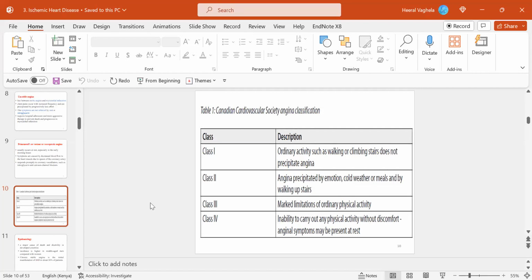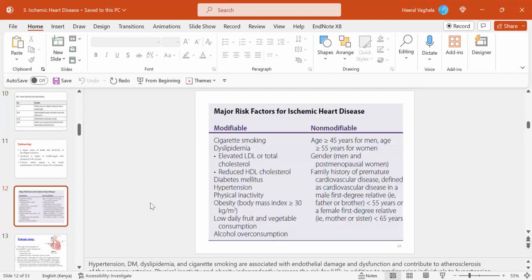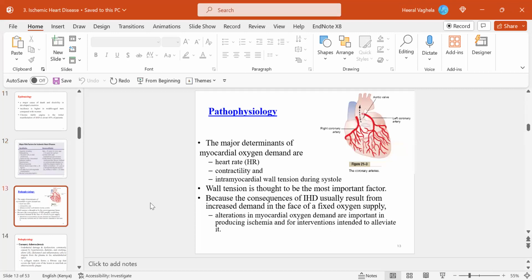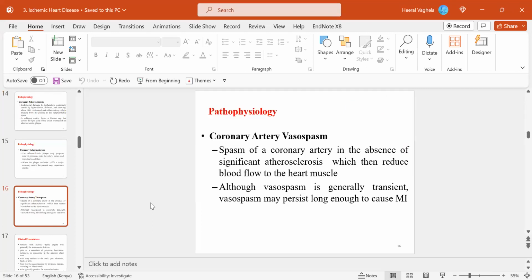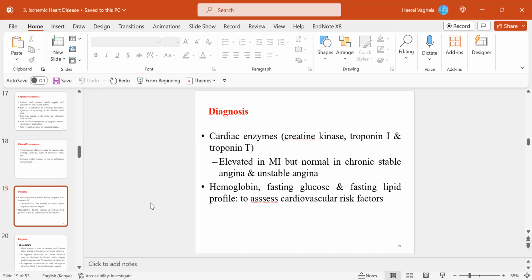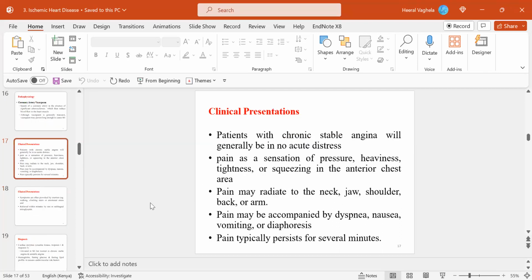Risk factors are the same for all of these heart diseases: cigarette smoking, age, mostly in men and postmenopausal women, diabetes, hypertension, alcohol, and all those things. We talked about the pathophysiology, which is basically atherosclerosis. Clinical presentation is again the same, where you have pain or heaviness in the chest.